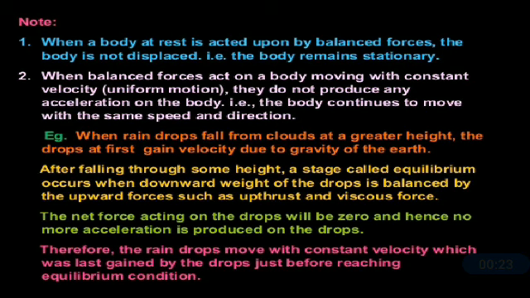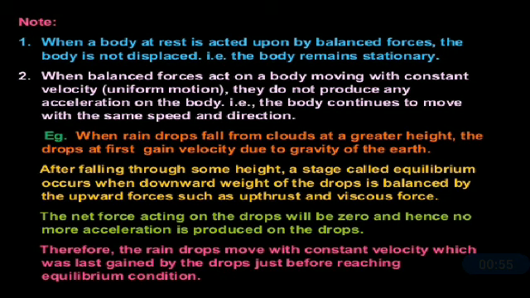So the example given here is, and it is a very good example, that when raindrops fall from clouds at a greater height, the drops at first gain velocity due to gravity of the earth. After falling through some height, a stage called equilibrium occurs when the downward weight of the drops is balanced by the upward forces such as upthrust and viscous force.